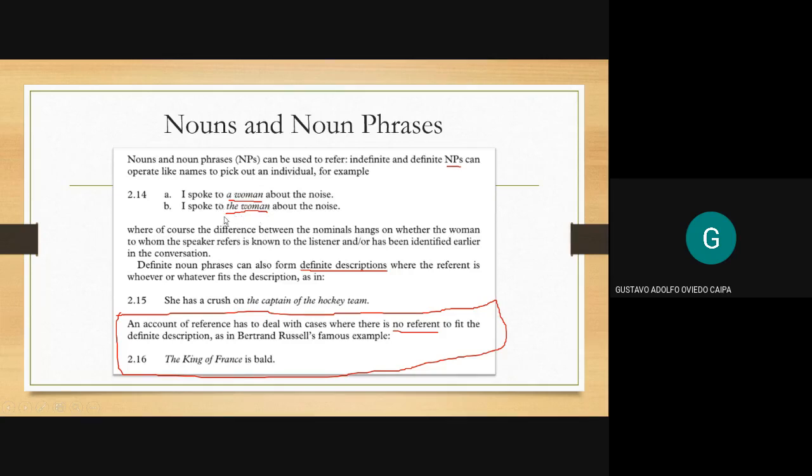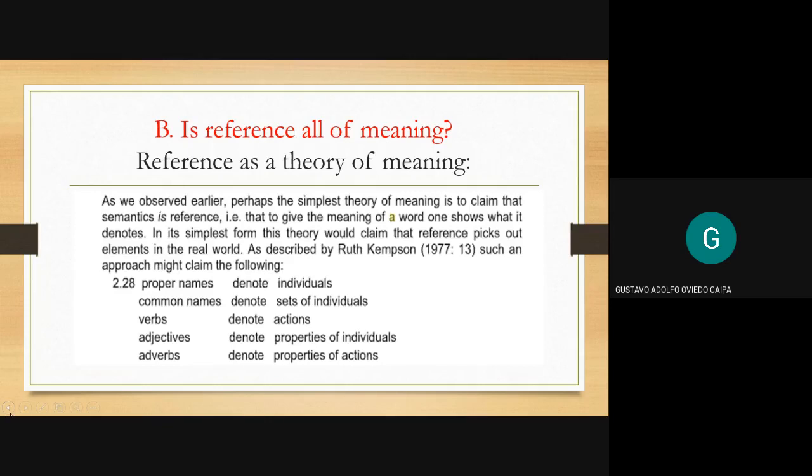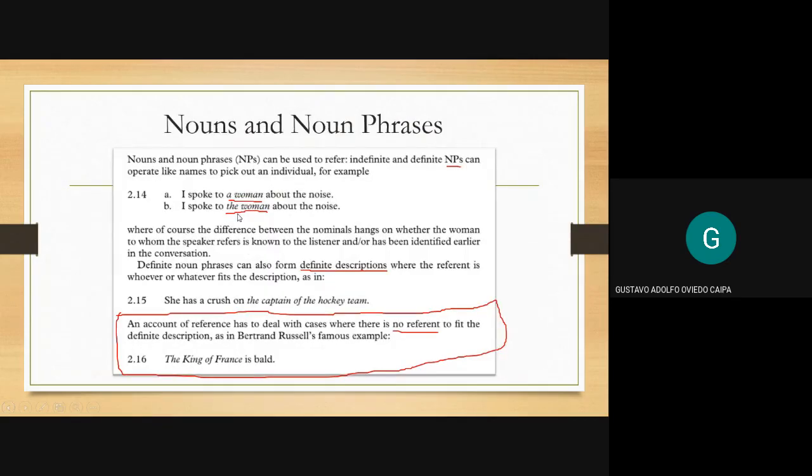So the difference is that maybe a woman is a person that you know, or maybe you don't know. But when you say the woman, we say the because what we mean is that it's a person that we already know. That's the difference between the and a. When we say a, maybe it's someone that we don't know, just a person in general, or when we say the, maybe it's because we know the specific person. That's what the author says.